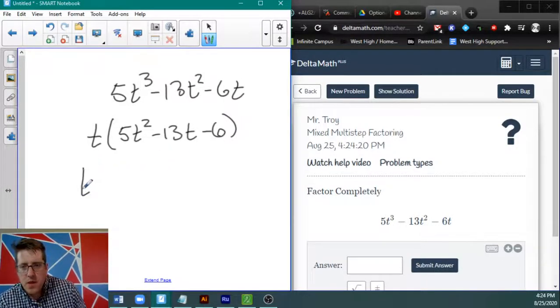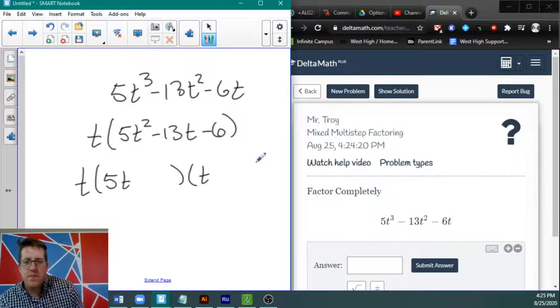Okay, so since 5 is prime, the only way to do that is to do 5t and 1t. There's only one option. So my factors of 6 are 1 and 6 or 2 and 3. Now, the thing that pops into my head is that 5 times 2 is 10, and 3 makes 13, or 5 times 3 is 15, minus 2 makes 13. So I just have numbers bouncing around in my head.